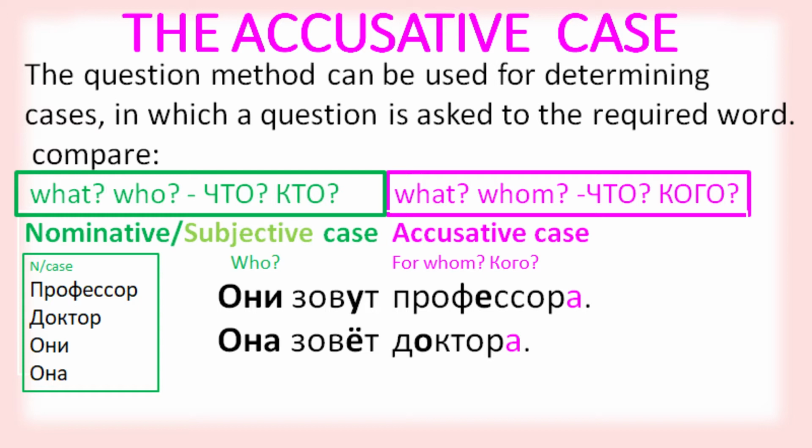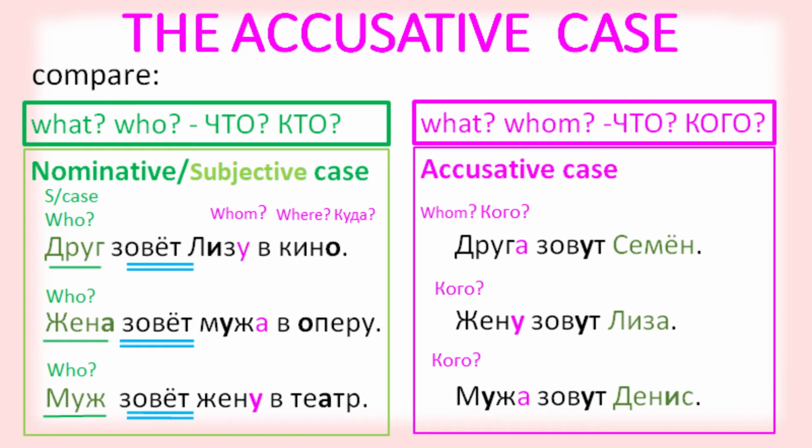Кто? Они. Они зовут whom? Кого? Профессора. Who? Кто? Она. Она зовет whom? Кого? Доктора. Compare the nominative subjective case with the accusative objective case.